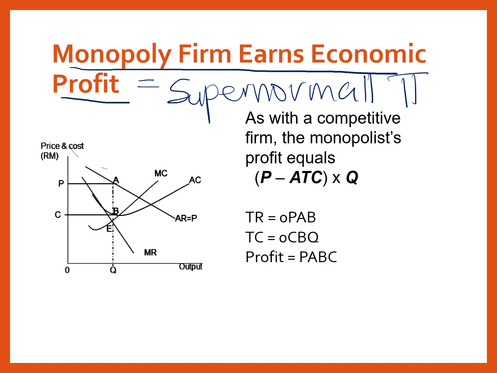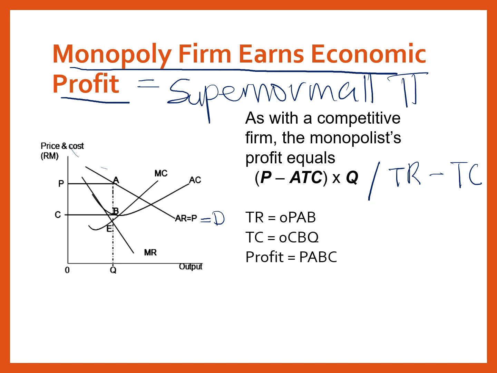Okay, so kalau kita tengok sini, as with a competitive firm, the monopolist profit is equals to P tolak dengan ATC times by Q, or you boleh tengok profit is equals to TR tolak dengan TC. Okay, so sebagai contohnya dekat sini kita tengok, so this is the AR is equals to the P is equals to the demand. Okay, and then this is the MR, and then this is the MC.